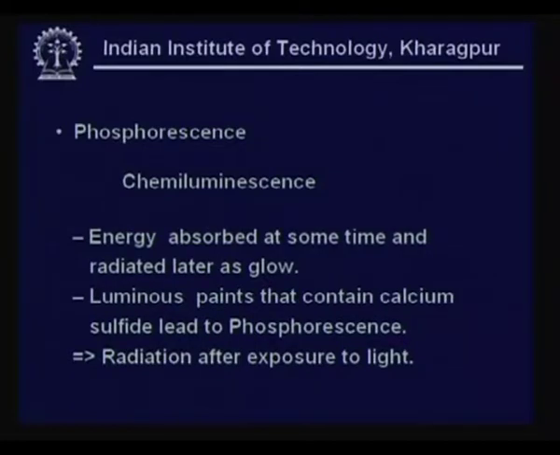The difference between fluorescence and phosphorescence is this. In case of fluorescence, the source of discharge is there, only then visible spectrum comes out. On the other hand, a phosphorescent material does not require the original source of light to be available for radiation. Once exposed to light, it slowly radiates.